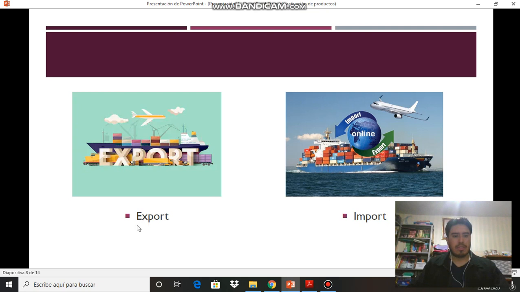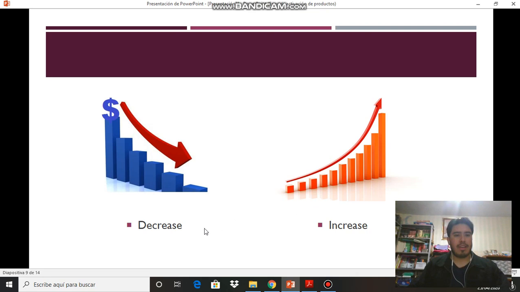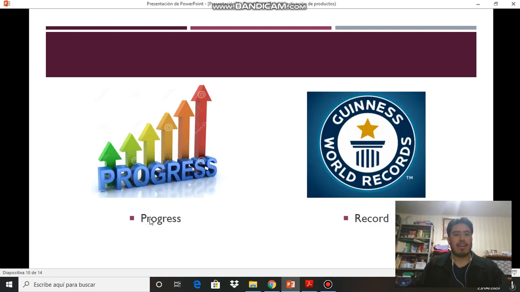The first one is export or export. Next, import or import. Next, decrease or decrease. Increase or increase, which are antonyms, by the way. Progress or progress. Record or record.